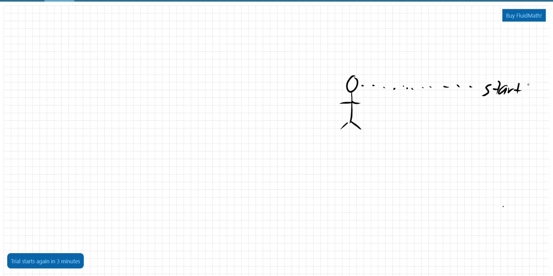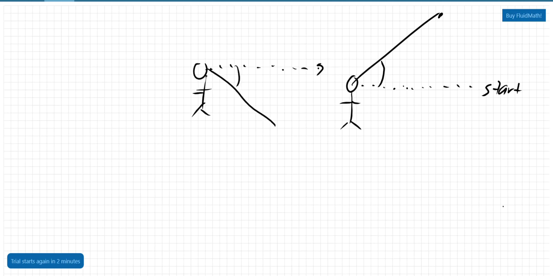Now, if this person decides to look up, they have made an angle of elevation from the horizontal line to the point they are looking at, I guess, the angle they've made. So it's very important. If they decided to look down, so there's my horizontal line, so that's neutral, our starting point, and they look down, they have made an angle of depression.